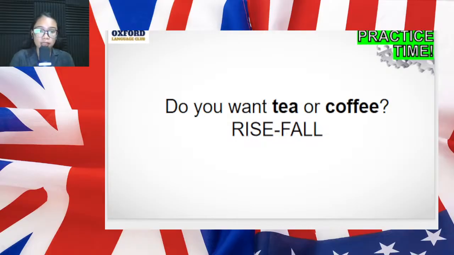This makes perfect sense for offering choices as I have described. The rise on the first option signals that more options might follow, and then the fall on the last option brings the question to a polite and complete close, which of course expects a selection. It's really neat how the intonation guides the listener through the options, okay?